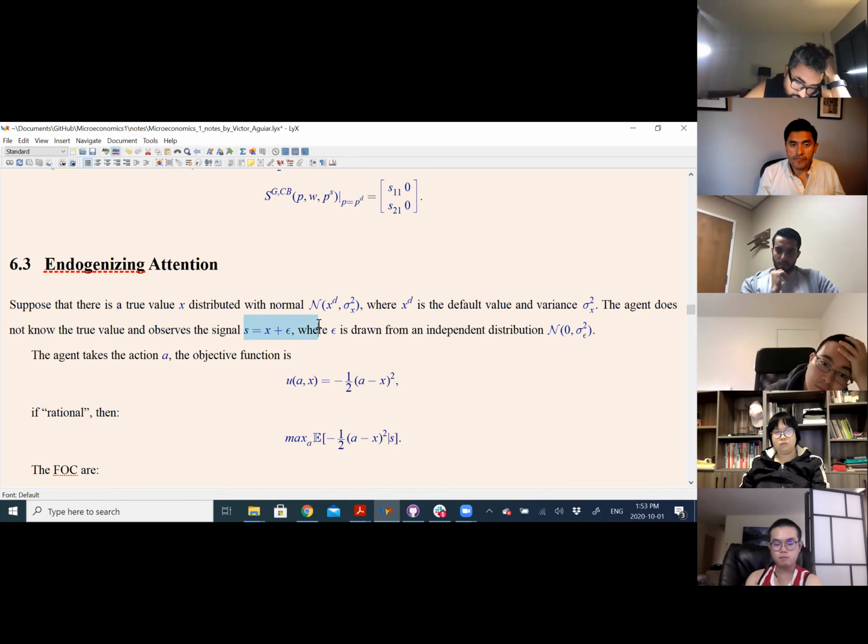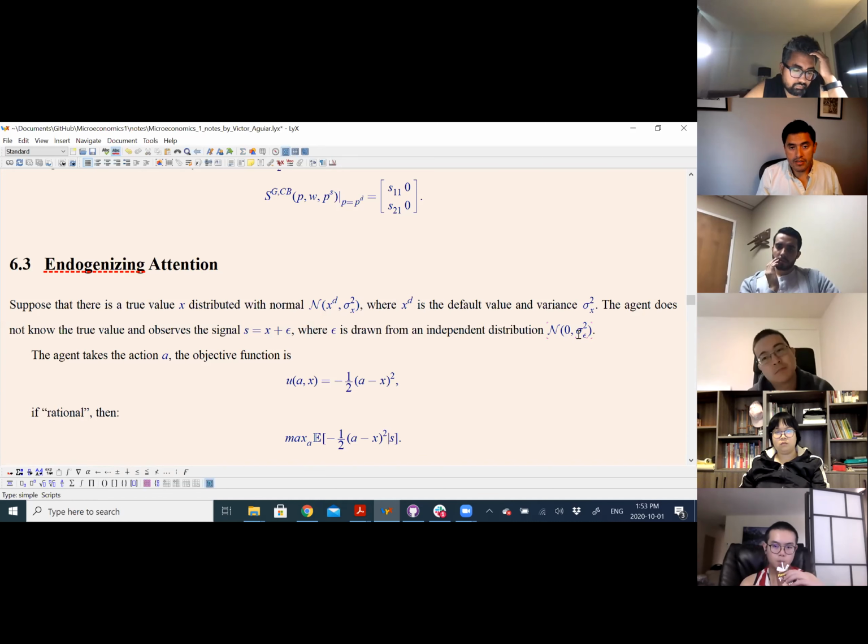The noisy signal is the summation of the random variable X plus another random variable epsilon that is also normally distributed with variance sigma sub epsilon. So here you see this perturbed version of the value.